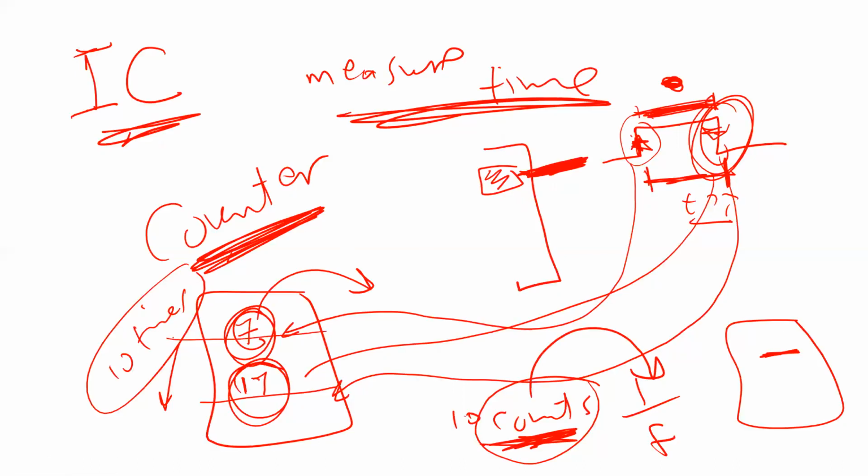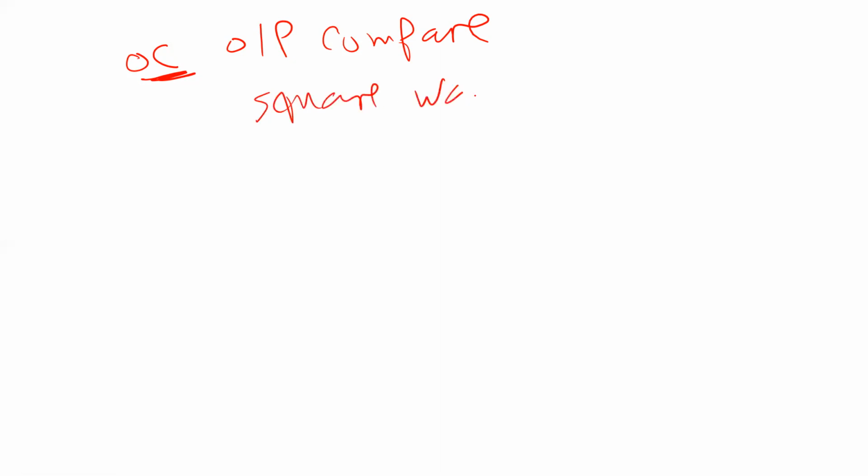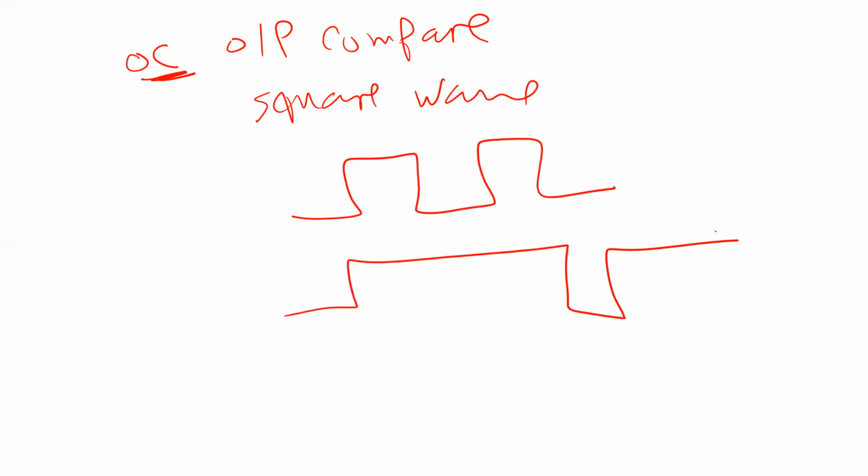Now, I also told you every channel can also act as output compare. So let me tell you how this one is useful. This one is used if you want to generate a square wave, something like this one, or something like this one.